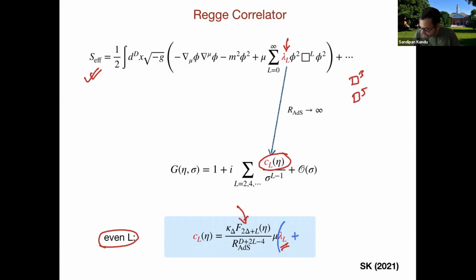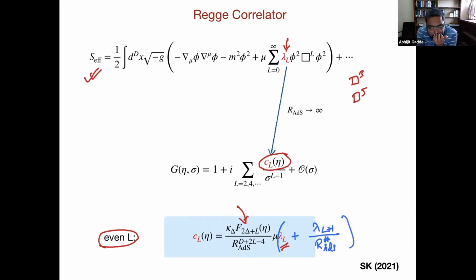The correction term is basically the odd interaction, but that's suppressed by some higher power of the radius R. That's why they are not important. So from this argument, I'll only be able to constrain the even interactions, not the odd interactions.